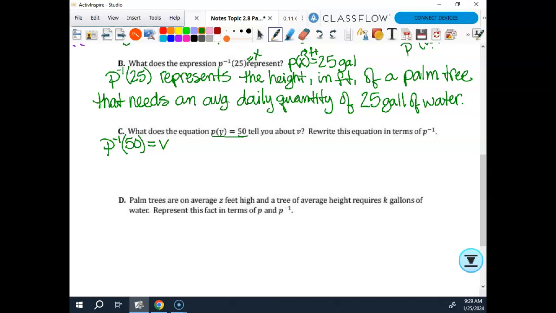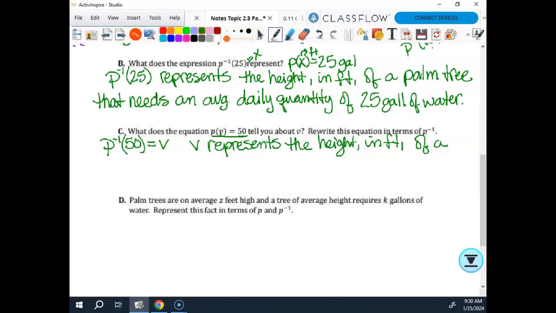So V represents the height in feet of a palm tree. And then basically the same as B.